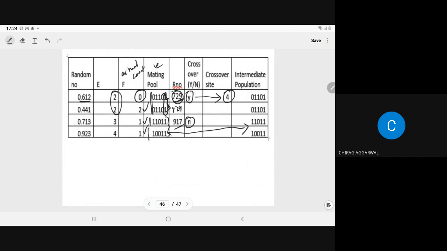Here after the crossover it is coming, right? And here, because the crossover is not allowed, directly the population will come. So that is the intermediate population. Here we have done the crossover.